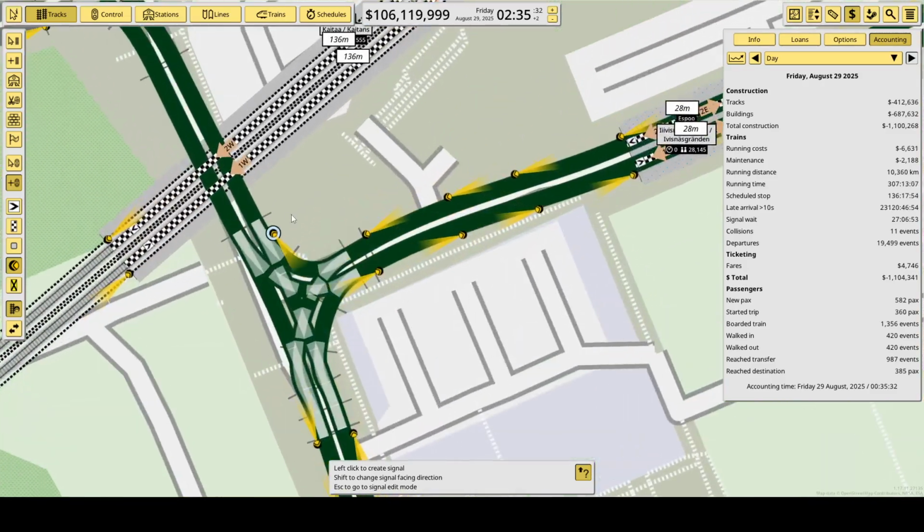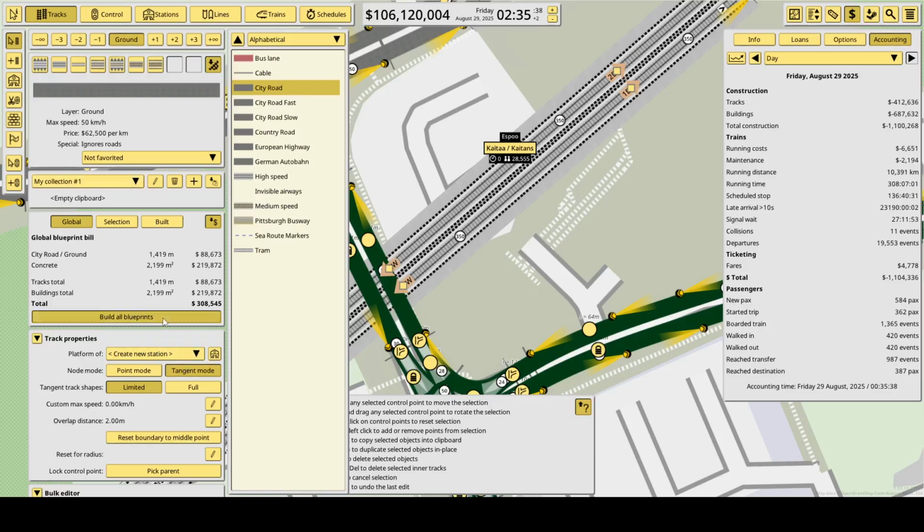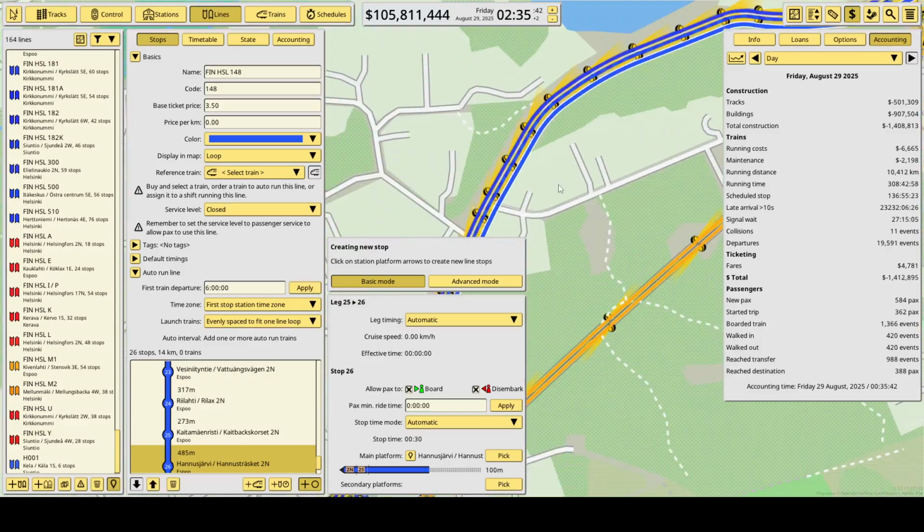So there, and finally the end of the line. That's it. So let's go back to line builder and then move on to, where was I?